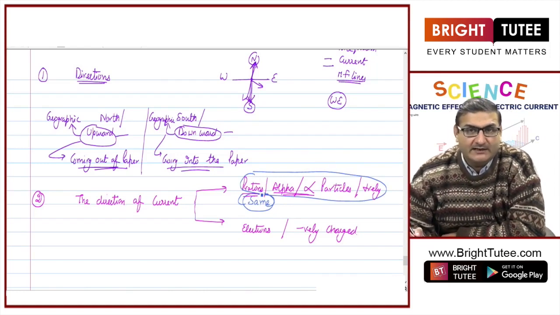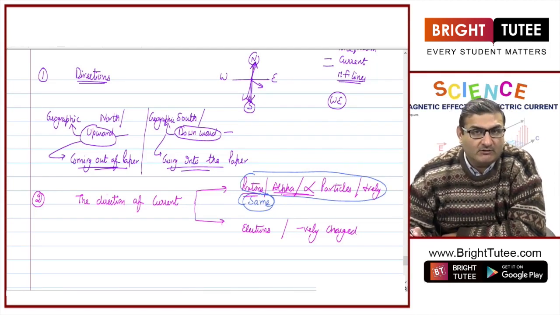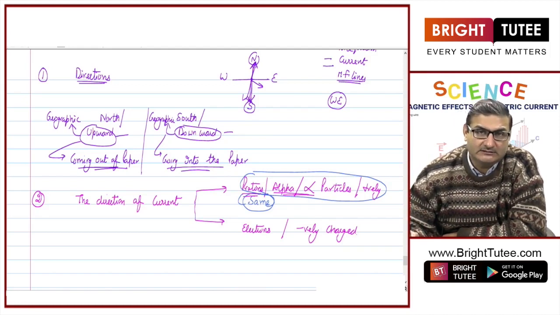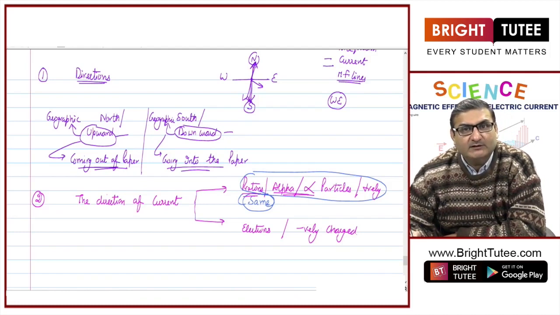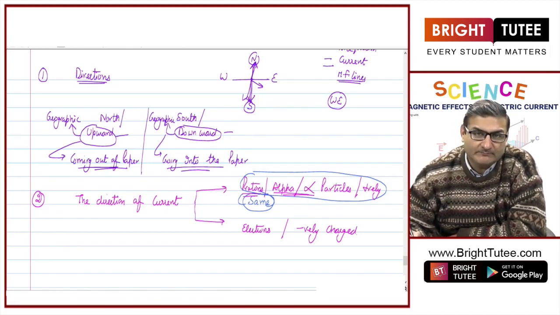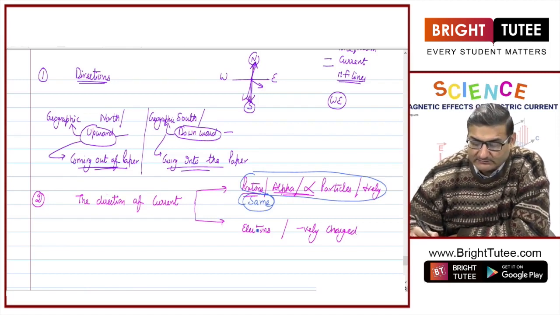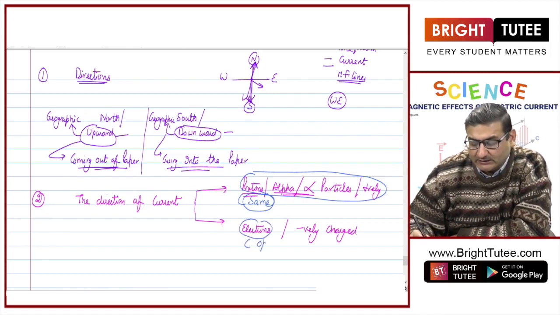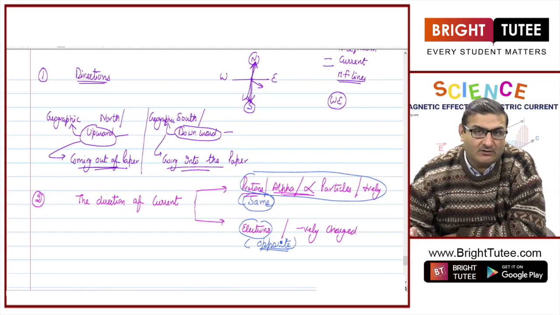That means if the protons or the alpha particles are going towards north, we will assume that the current is also going towards north. Right? If they are moving towards south, then the direction of current will be towards south. But in case of electrons, we take the direction to be exactly opposite to the direction of electrons.